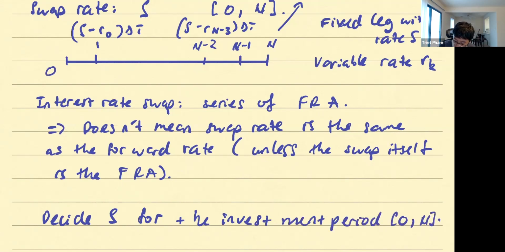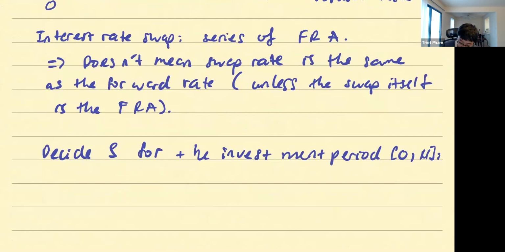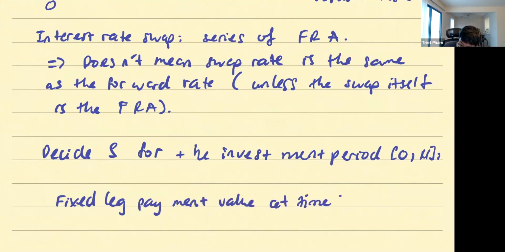Zero to N. So what do we do? The idea is to find the fixed leg payment value at time 0 and make it equal to the variable leg payment value at time 0.